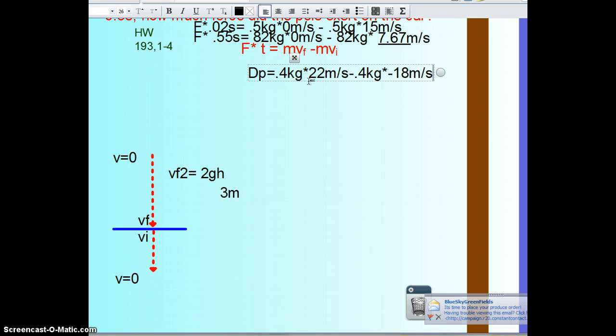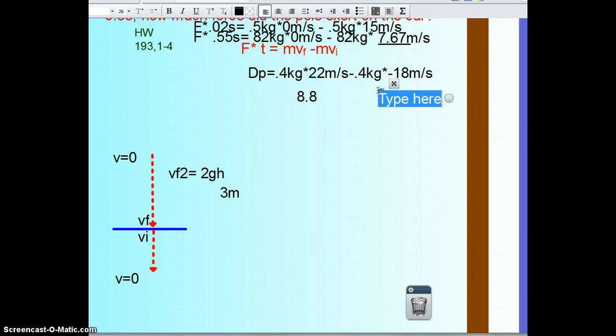So now it's just a matter of multiplying the stuff out and seeing what you get. When I multiply, if you haven't done this already, you need to be doing it. 0.4 times 22, I got 8.8. 8.8 on this side. Then I'm going to add a positive here.